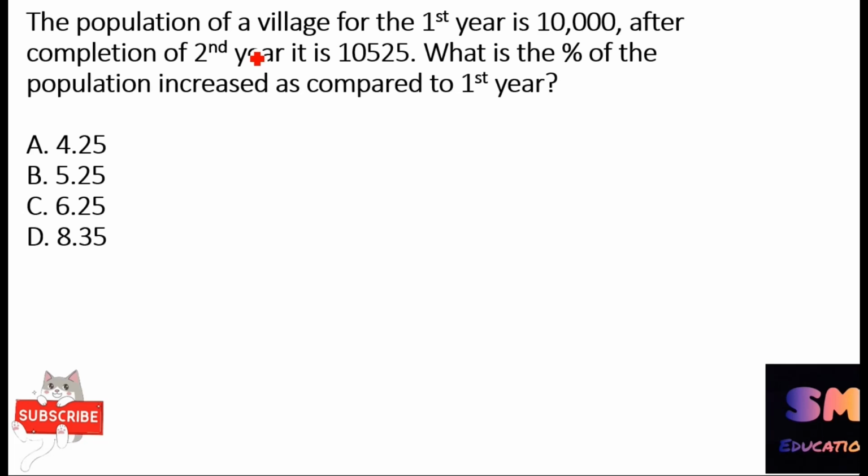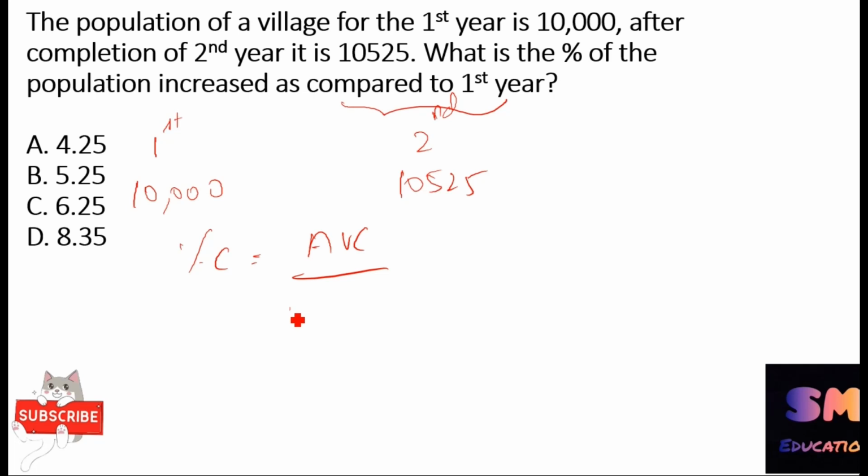Next one. The population of a village for the first year is 10,000. After completion of second year, it is 10,525. 10, 5, 2, 5, second year. What is the percentage of population increased as compared to first year? Here they compared with the first year. We need to calculate the percentage change: absolute value change by initial or compared value, into 100.